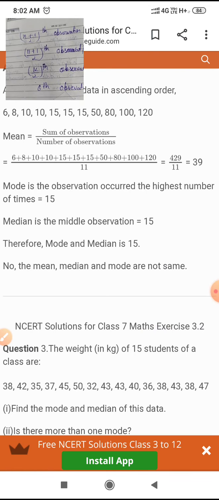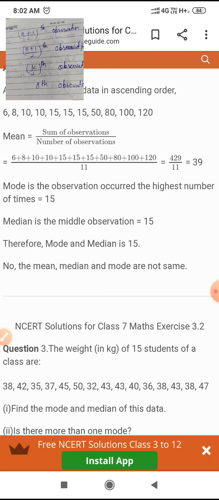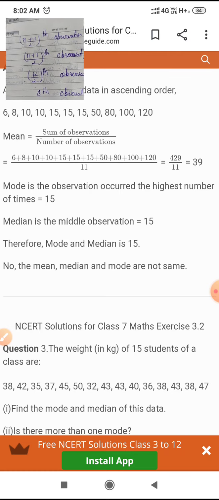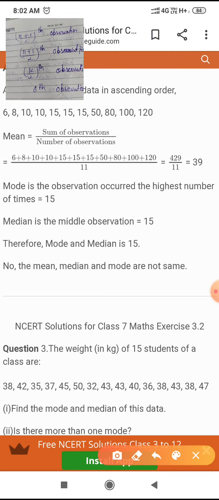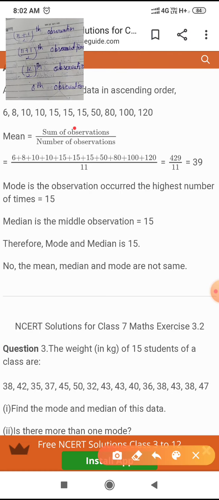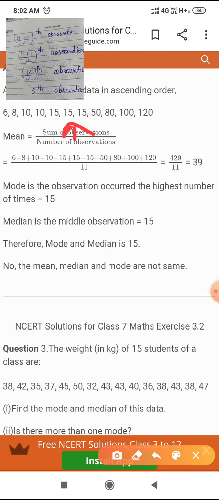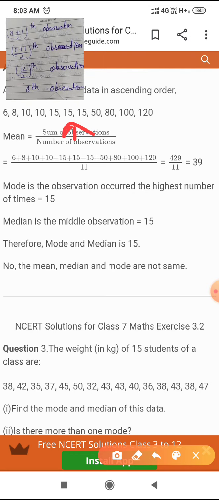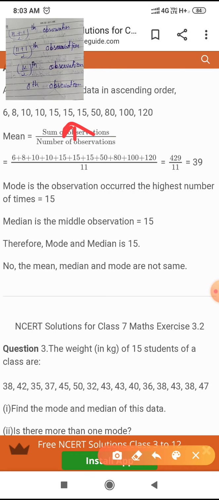Now count your observations from the beginning or you can count from the end. So the 6th term of the observation is 15. So it is the median of this data. From our answer we can conclude that the mean, median and mode of this data are not the same.